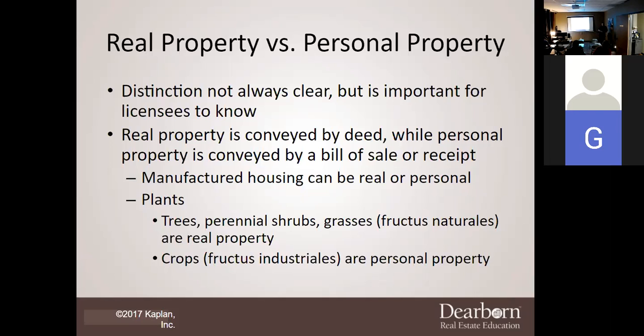Well, how do you buy them? So they're in a packet. When you buy them, do you get a deed or do you get a receipt at Lowe's for those seeds? You get a receipt. So if you get a receipt, what type of property are they? They're personal property. Okay?